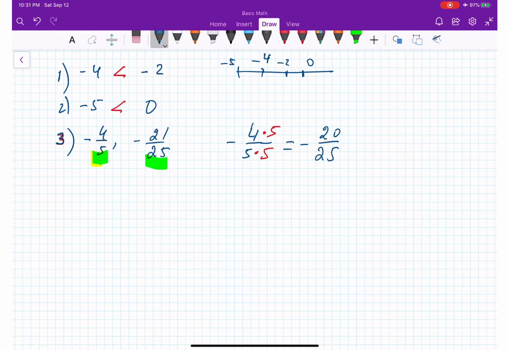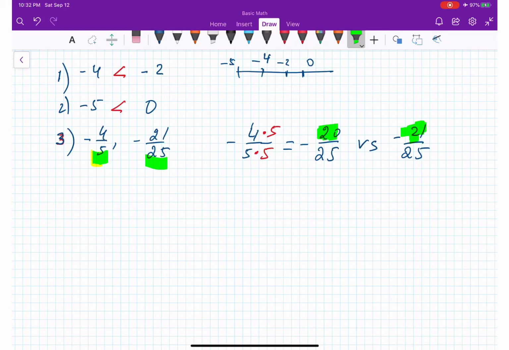Now, if I compare -20 over 25 versus -21 over 25, since the denominator is the same, we are comparing by numerator. So in numerator, here we have -20. Here we have -21. Which one is going to be less? What do you think?